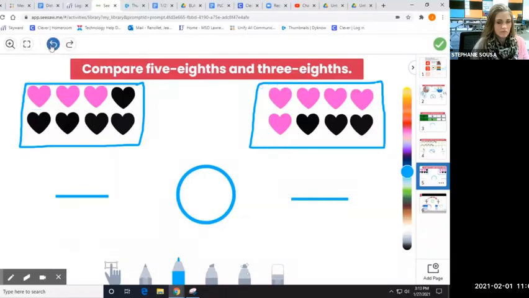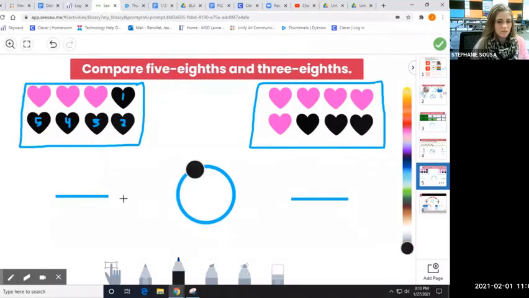So let's take a look at how we do this. Compare 5/8 and 3/8. On the left side, I notice that we have 5 black hearts. 1, 2, 3, 4, 5 hearts. 5 out of 8 hearts have been shaded.